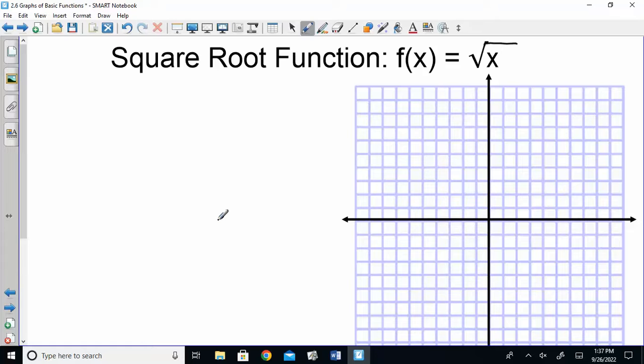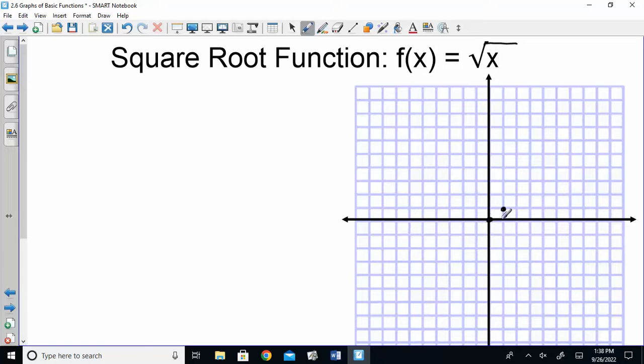Square root. What kind of numbers do I have to plug into this? Positive numbers. Can I do the square root of 0? Yeah, square root of 0 is 0. Square root of 1 is 1.